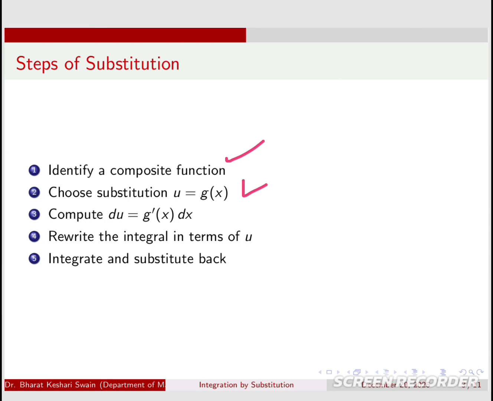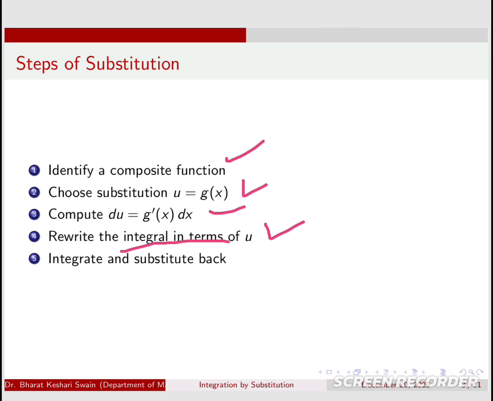Then if we put u equal to g(x), then du will be g dash x dx, and the whole integral will be in the form of u, because after putting g(x) equal to u, we will get an integral in terms of u.